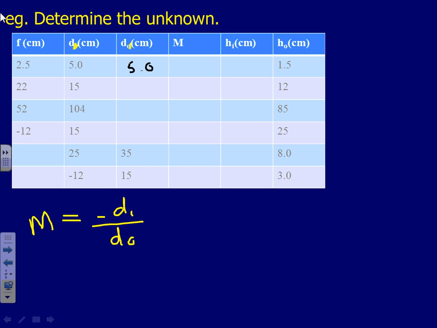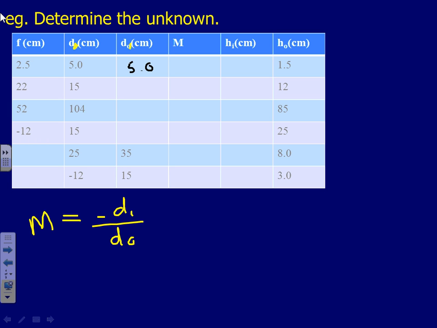It's the negative of the answer you get. It doesn't matter whether I put that negative on the top or in the middle or on the bottom. It's the negative of whatever I get for the answer of that fraction.